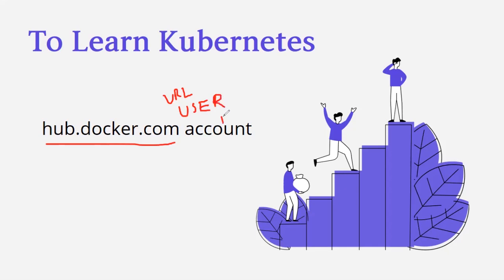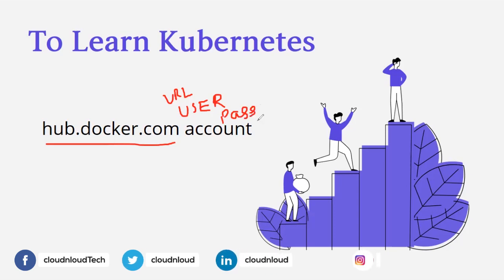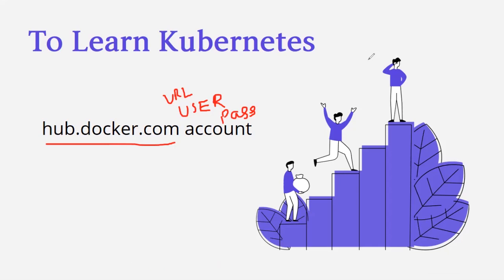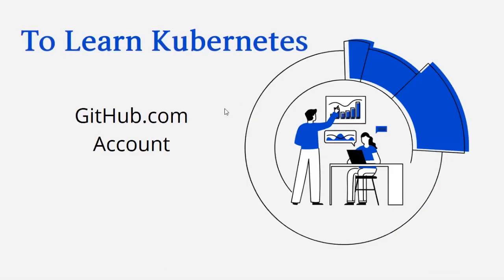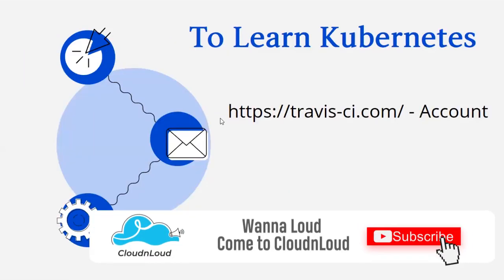So even if you forget, it will not affect your learning. You already stored it in Notepad just for learning purposes. And also we need a github.com account. And also we need a travis-ci.com account.